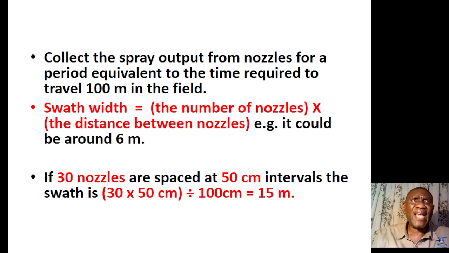For example, 30 nozzles are spaced at 50 centimeter intervals. The swath is actually 30 times 50 divided by 100 centimeters. So you can get 15 meters as the swath.